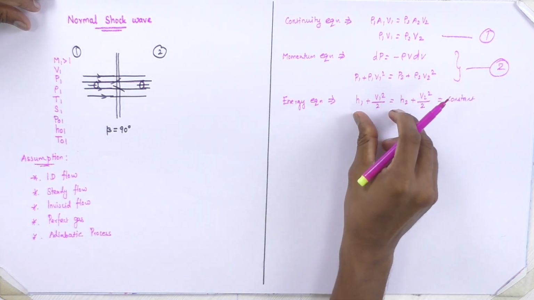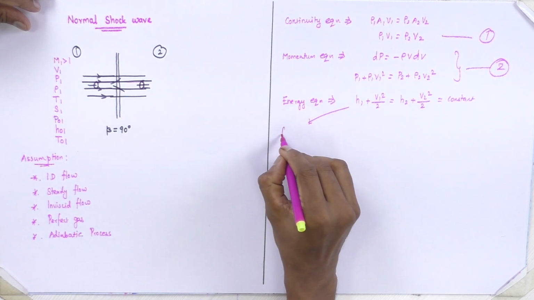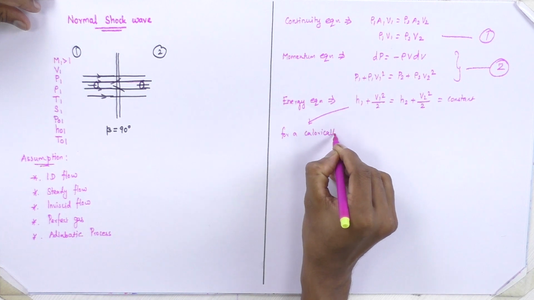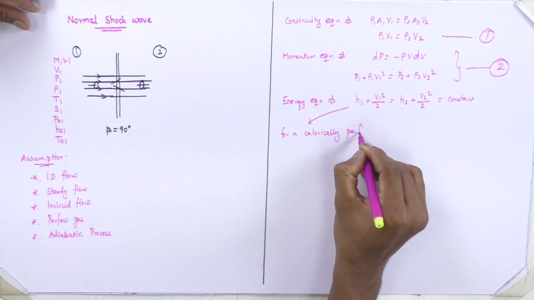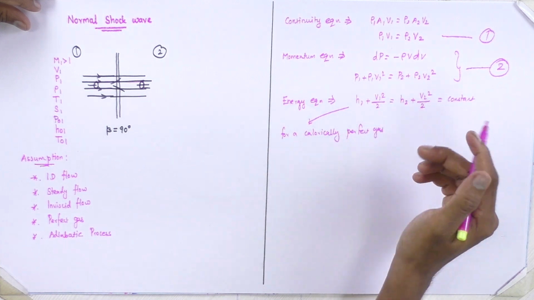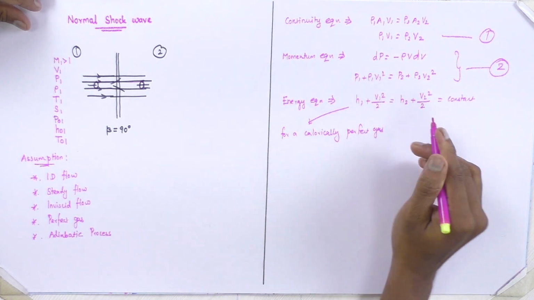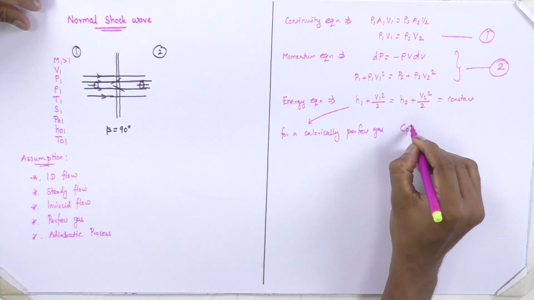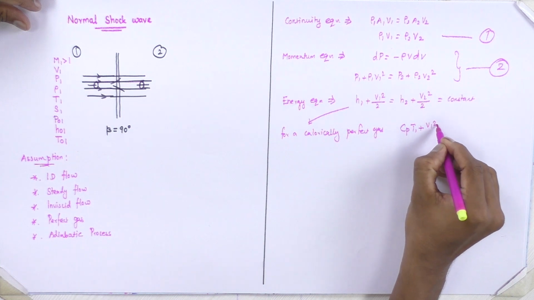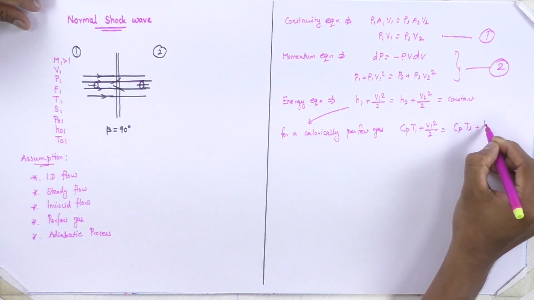The same equation we can write for a calorically perfect gas. For a calorically perfect gas, the same equation can be replaced with the temperature terms. So instead of H1, we can replace it with Cp T1, plus V1 square divided by 2, is equal to Cp T2 plus V2 square divided by 2.